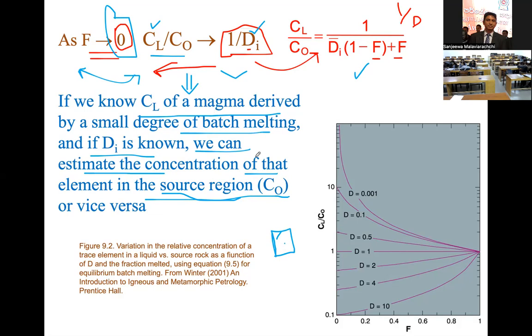If we know the composition of the present rock, today's rock, and also the partition coefficient for that particular element, then you can find out its source composition. We don't know the source, so you can find out the elemental composition of that source.